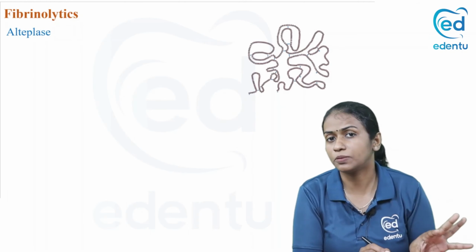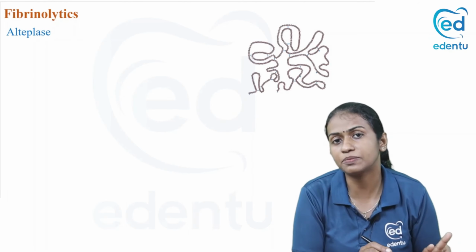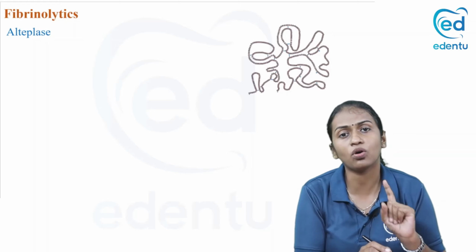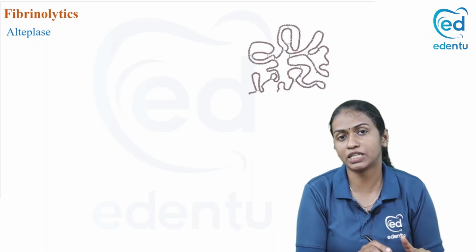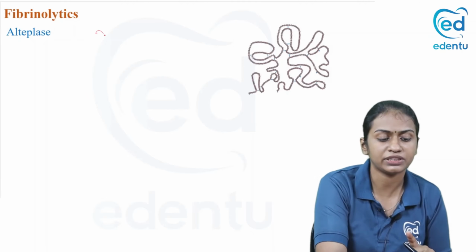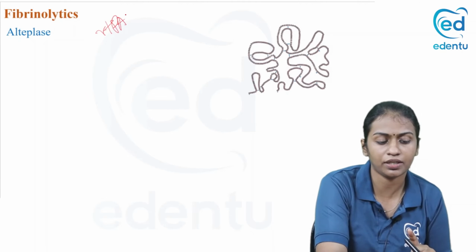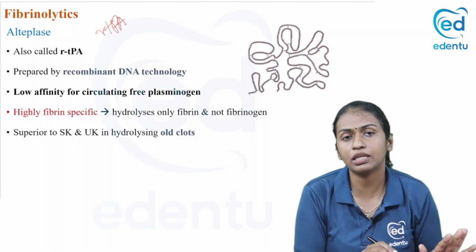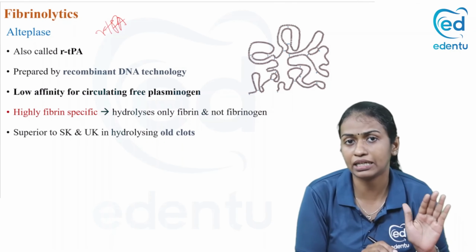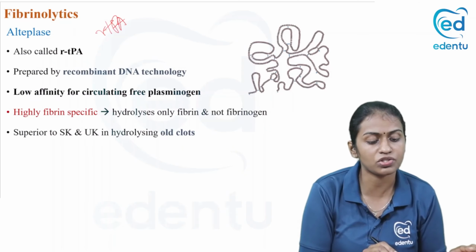Now next, alteplase. Alteplase, reteplase, tenecteplase, all three of them belong to the group of recombinant tissue plasminogen activators, otherwise known as rTPA. They are prepared by recombinant DNA technology.